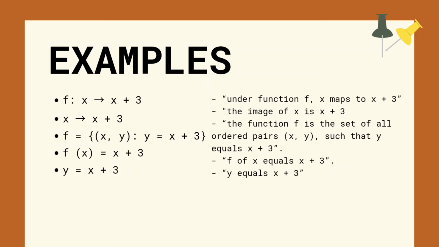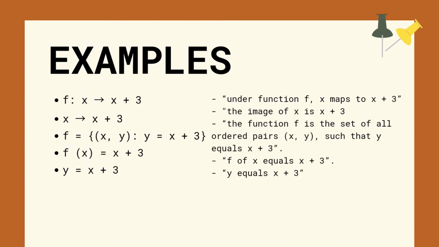The third example can be written as the function f is the set of all ordered pairs x and y, such that y is equal to x plus 3. The fourth example can be written as f of x equals x plus 3. And the last example can be written as y is equal to x plus 3.